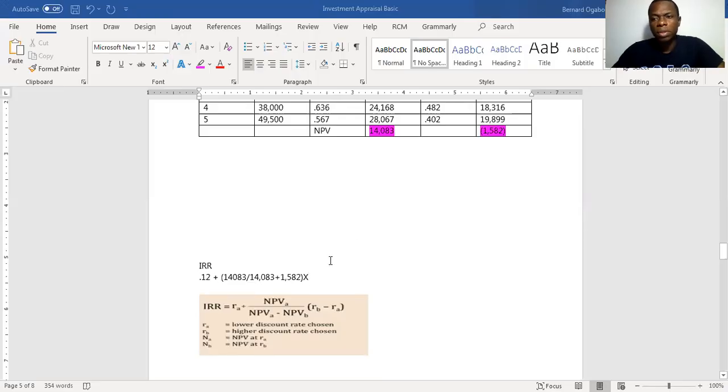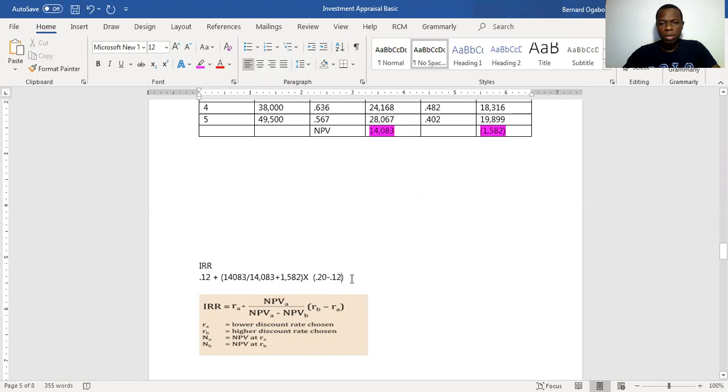So multiplied by the higher rate, which is 0.20, minus the lower rate, 0.12. That's it.